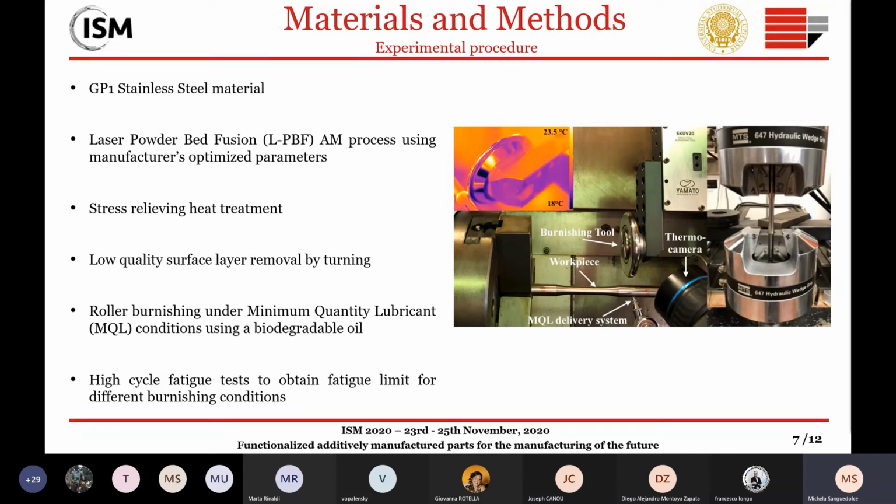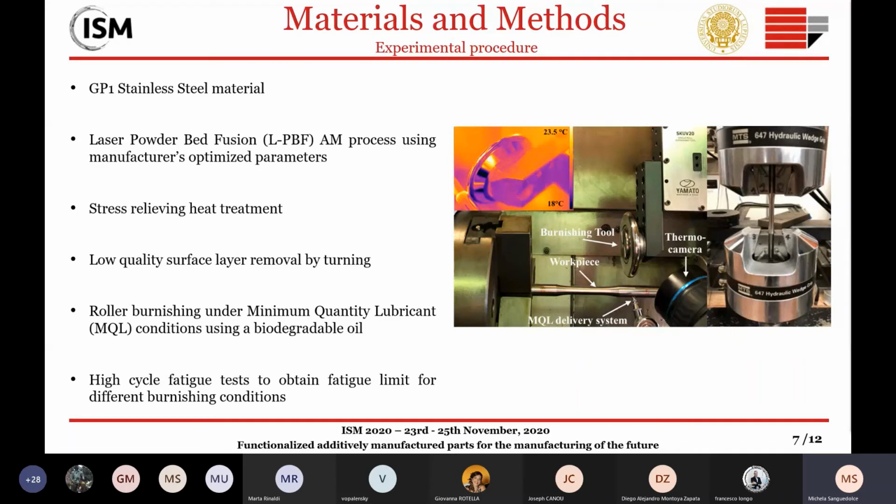This process was carried out under minimum quantity lubricant conditions. This lubricating technique is a perfect trade-off between the environmental impact due to the use of lubricants, and also the surface quality after machining, which in dry processes often results in problems in terms of wear and surface roughness.